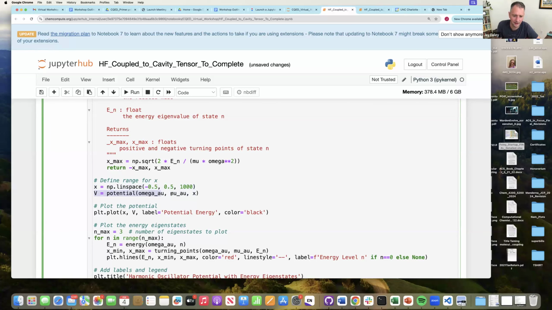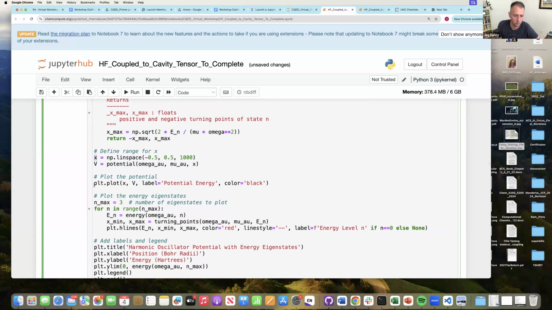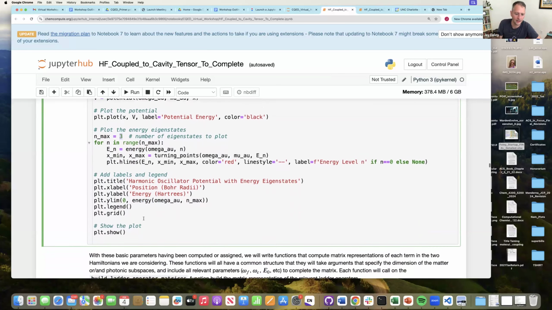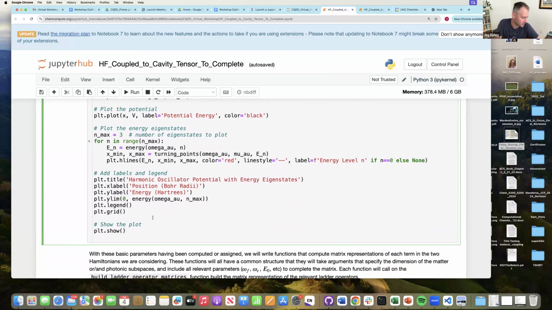So we'll feed it omega and mu and the array of x values, and that's going to return a list of potential values for each of these x values. And we'll plot the potential, and then we'll go through a few, in this case 3 different energy eigenstates to just find the turning points and plot those little lines. And that'll be it. So let's go ahead and run this.